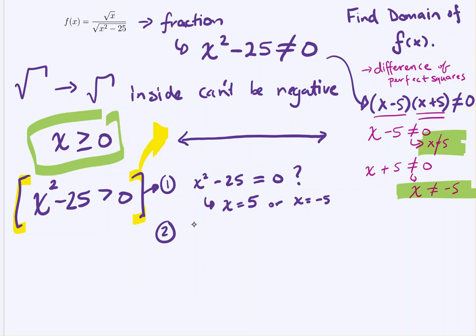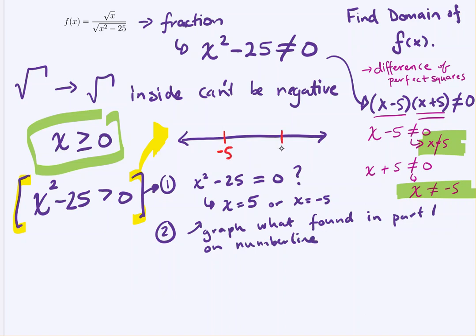Then step 2 is to graph on the number line what was found in part 1. Specifically, I'm going to graph the negative 5, which comes numerically before the positive 5 on the number line.